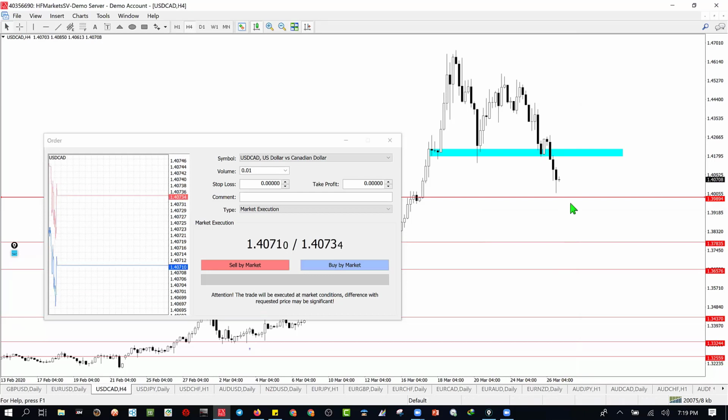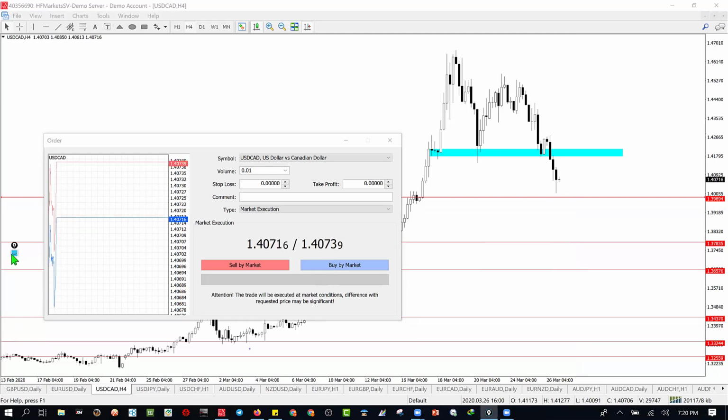That is, do not add to a losing trade, but add to a winning trade. And before you can take other trades in other currency pairs, you should have recovered at least 5% of your trade right here.